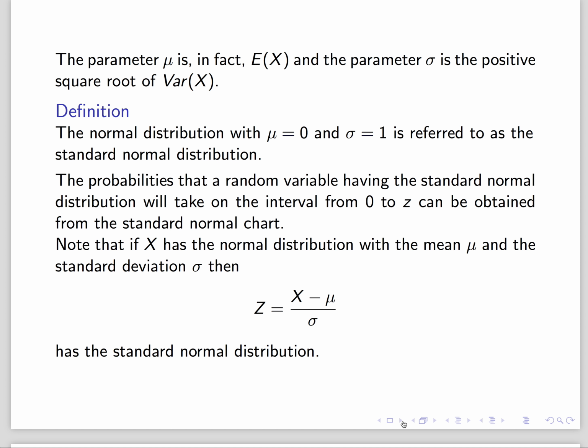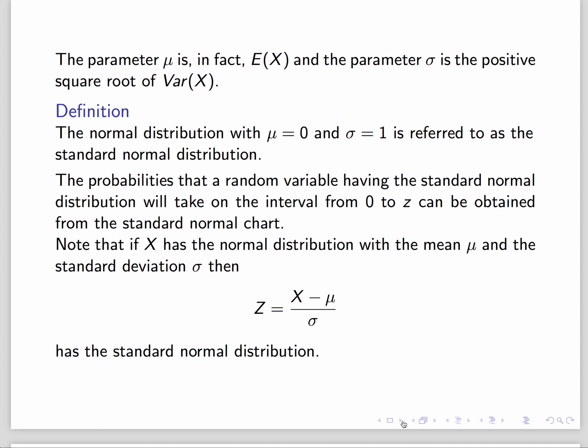The parameter mu is in fact the expectation of x, and parameter sigma is in fact the positive square root of the variance of x. The normal distribution with mu 0 and sigma 1 is referred to as a standard normal distribution. The probability that a random variable having the standard normal distribution will take on a value in the interval from 0 to z can be obtained from the standard normal chart. We denote it by phi of z.